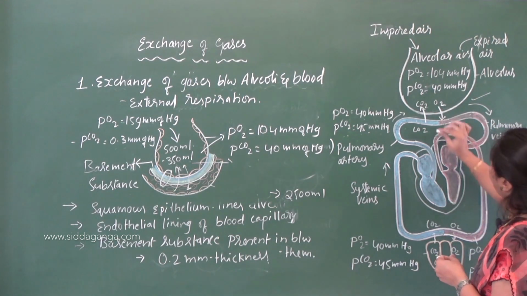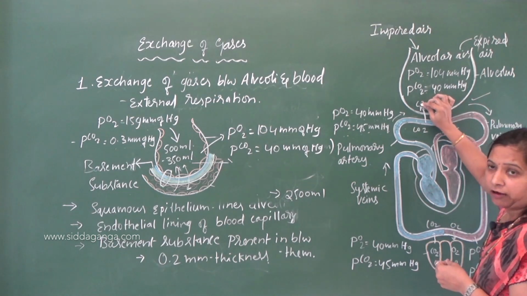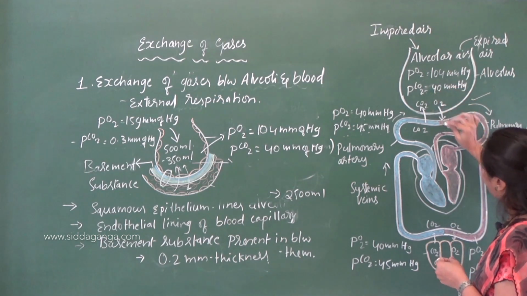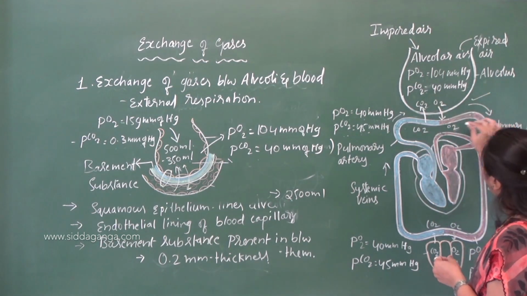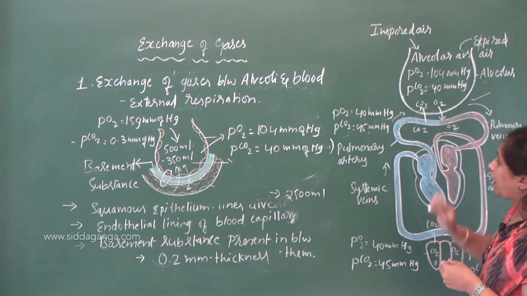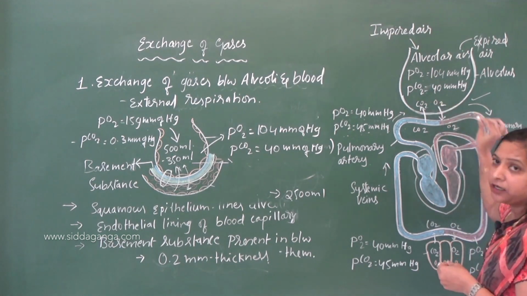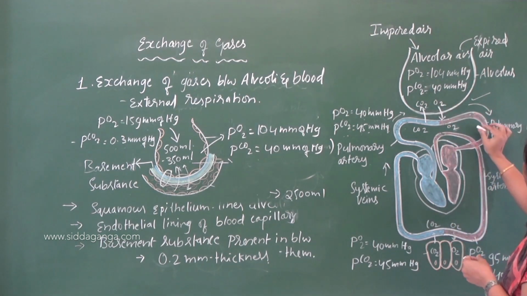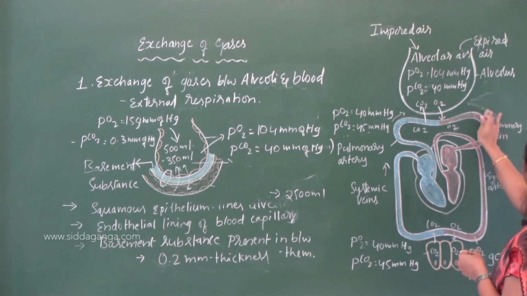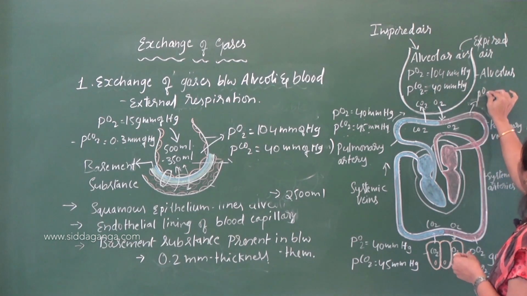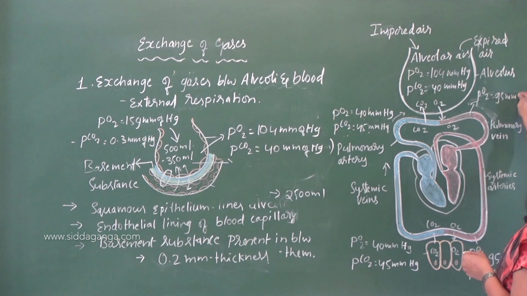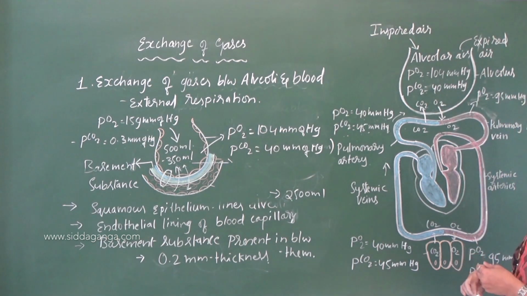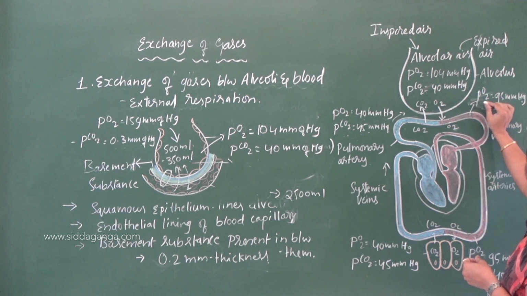So now the carbon dioxide diffuses into the alveoli and oxygen diffuses into the blood. So the blood which leaves the lung is oxygenated blood. It is having more oxygen and less carbon dioxide. Now the partial pressure of oxygen here changes to 95 millimeters of mercury, so the partial pressure increases.